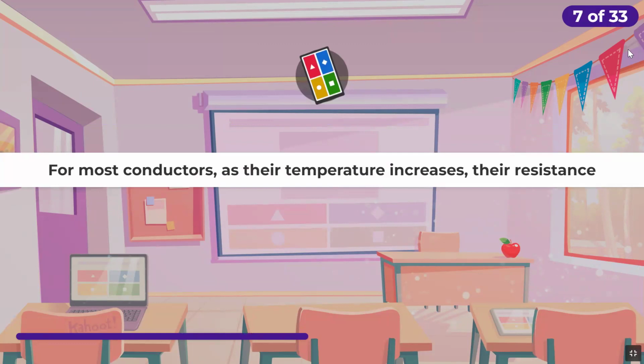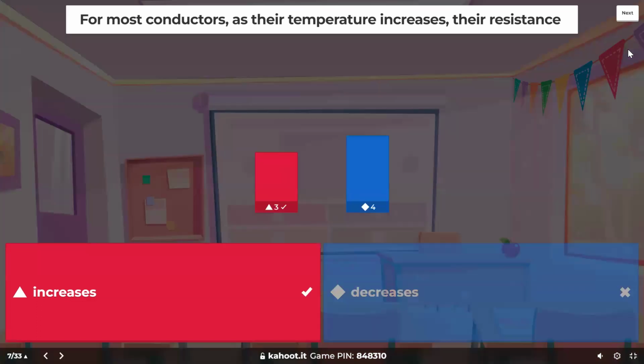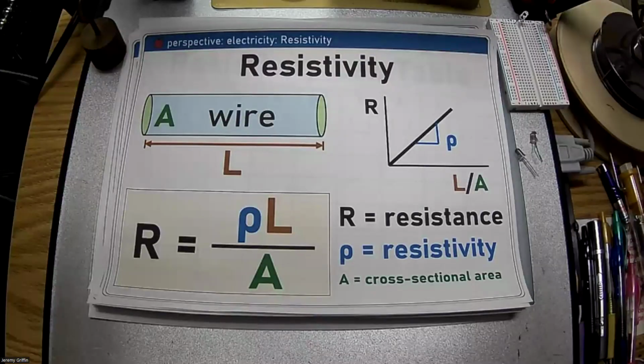For most conductors, as their temperature increases, their resistance, take a guess. Yeah, okay, so that's the answer I'm looking for: resistance increases with temperature, and that's an approximately linear relationship. Let me sketch out a quick graph for you guys.